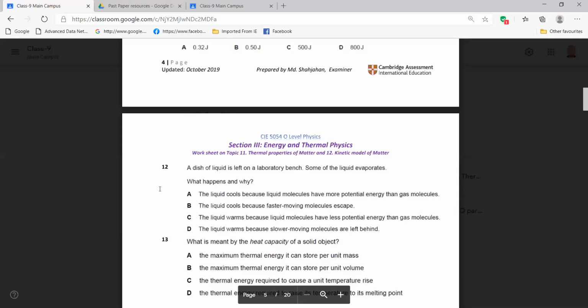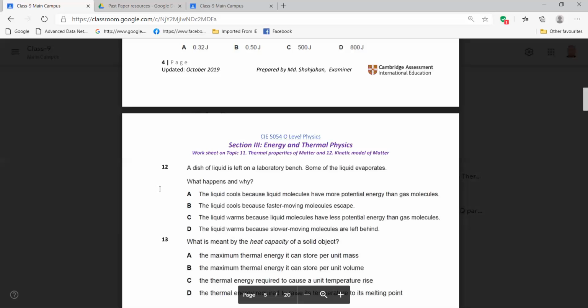Another idea is that potential energy will be less. Liquids have stronger bonding, right? Then gas.